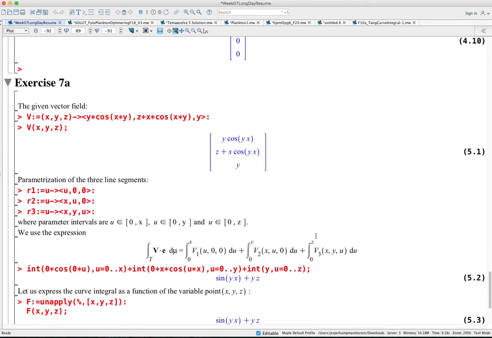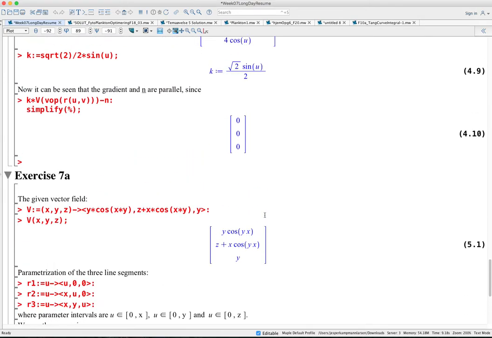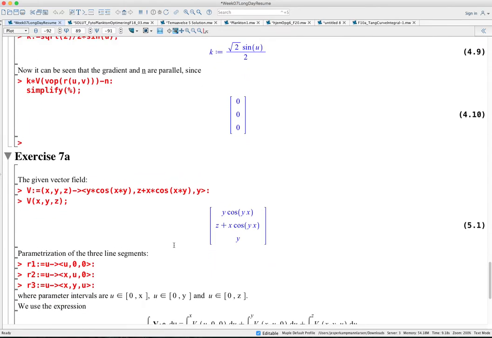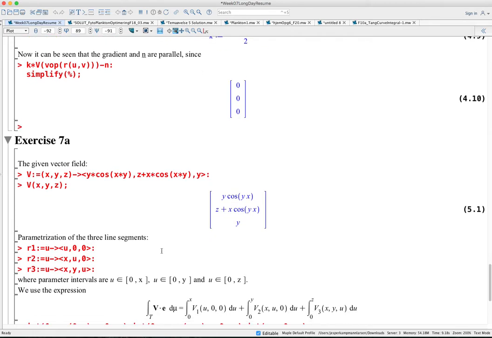Now finally, for 7a, I want to show you how to actually find an antiderivative to a vector field. You have here the vector field y, cosine yx, and so forth. And in order to find the antiderivative of this, we use the stairline method.